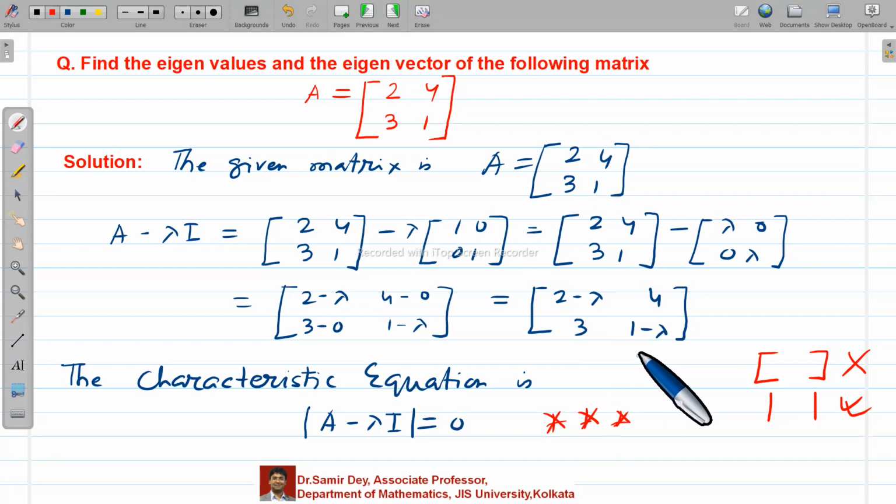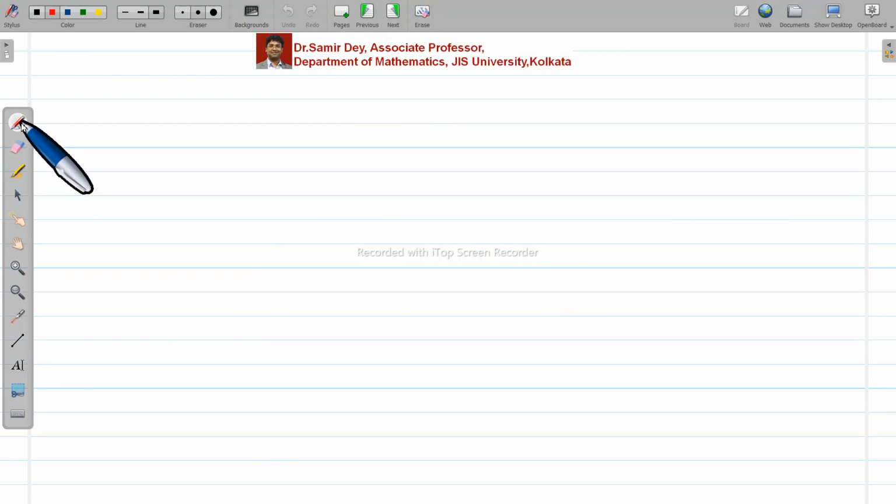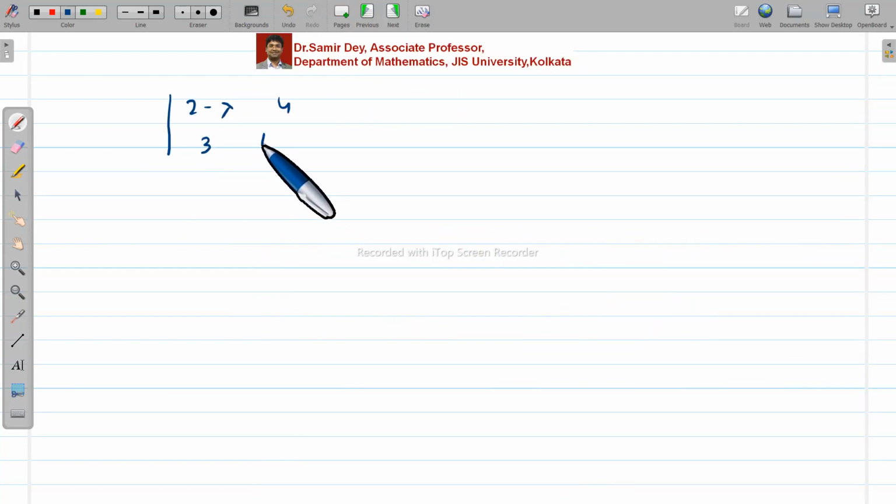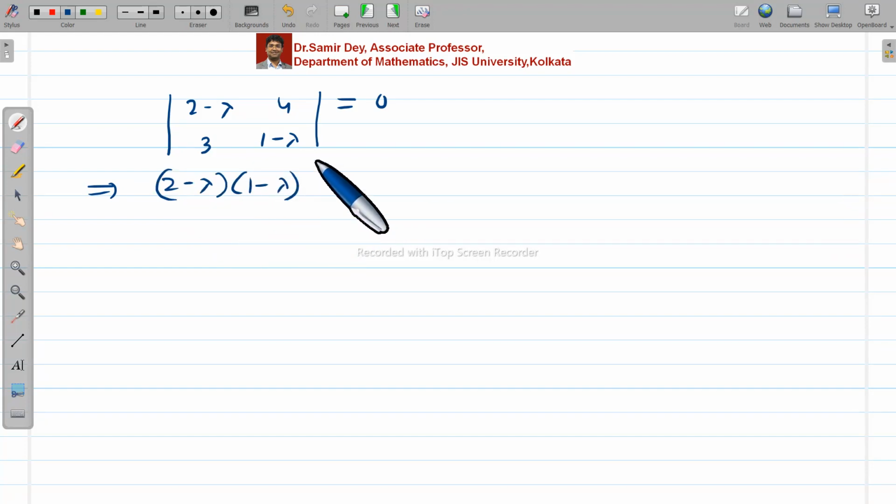So now you need to write this one. From here we can write in determinant form, that is, the determinant of [2 minus lambda, 4; 3, 1 minus lambda] equal to 0. So from here we may write (2 minus lambda)(1 minus lambda) minus 12 equal to 0.